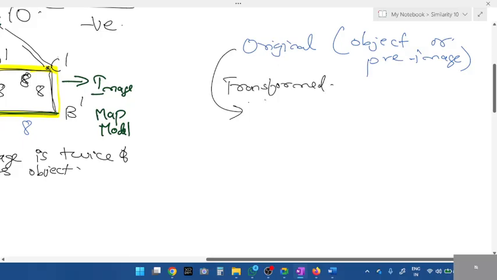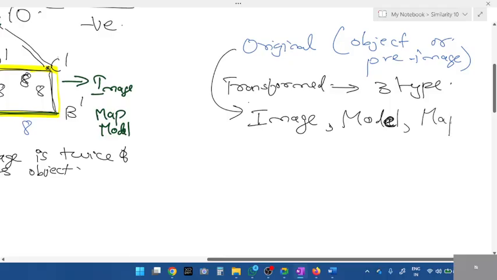The original object, we call it as pre-image. The transformation is of 3 types. I'll explain that. After transforming, we call it as image, model, or map. These are the 3 types: image, model, and map.